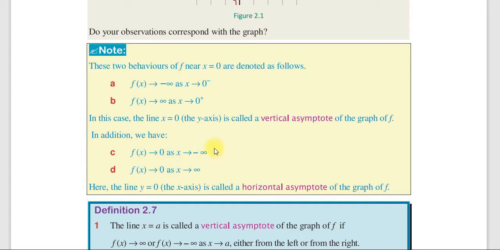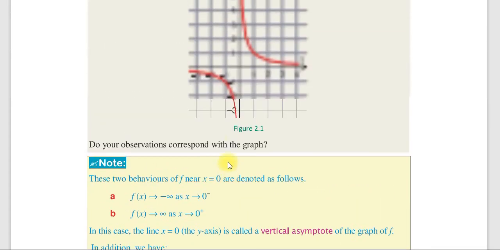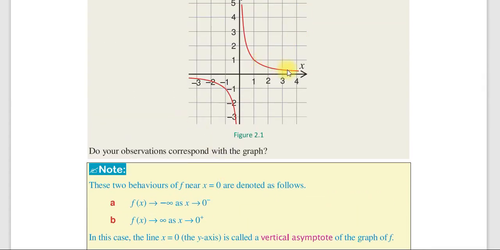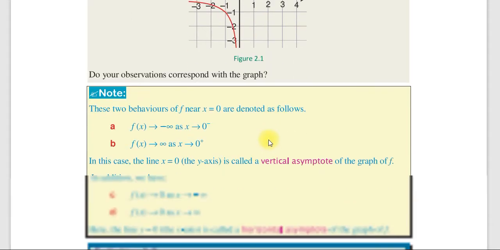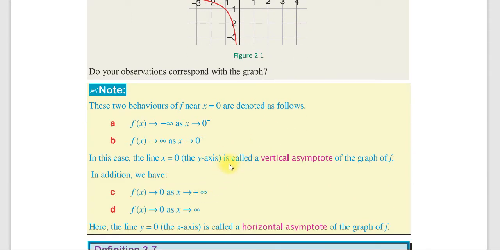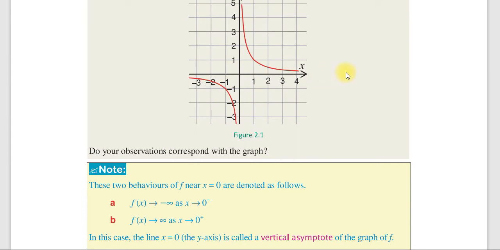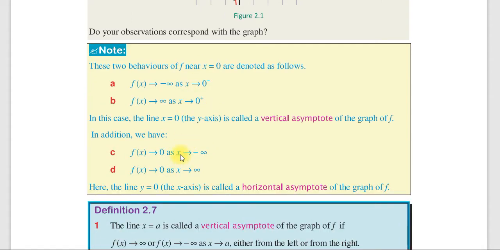So as x goes toward positive and negative infinity, f of x approaches 0. Here the line y equals 0, or the x-axis, is called the horizontal asymptote.